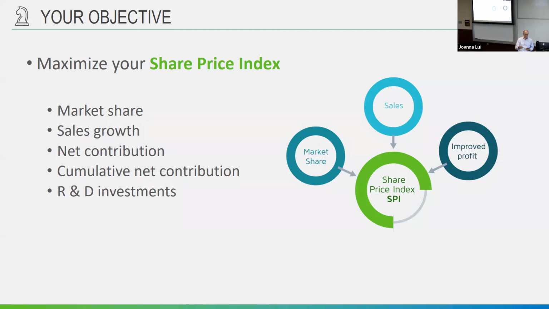So you're trying press releases about new products, or you're telling everybody in the earnings report how great your earnings are, or how much your sales are up, or whatever. And the same thing happens here. As you work through the simulation a few rounds, you'll see what share price seems to respond more or less to, and make some decisions accordingly, just like you would in the real world.